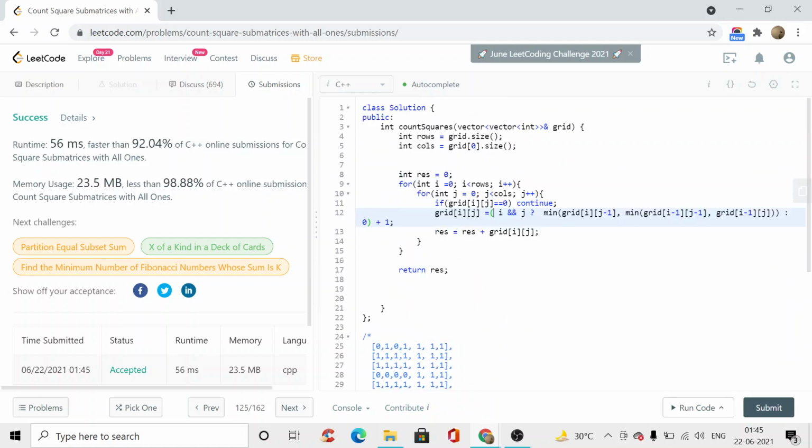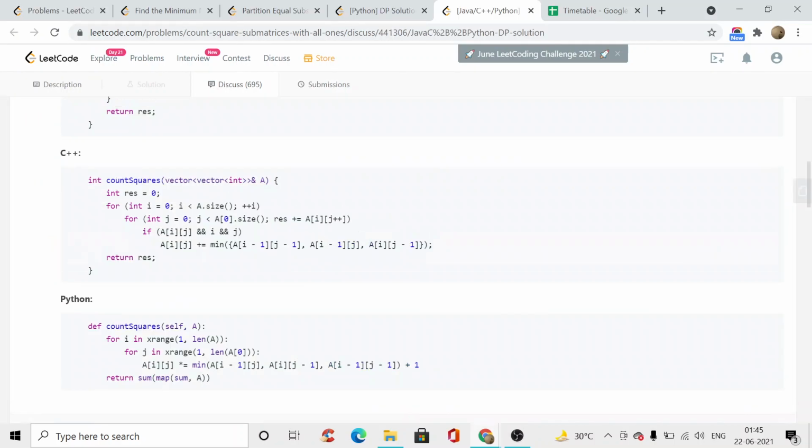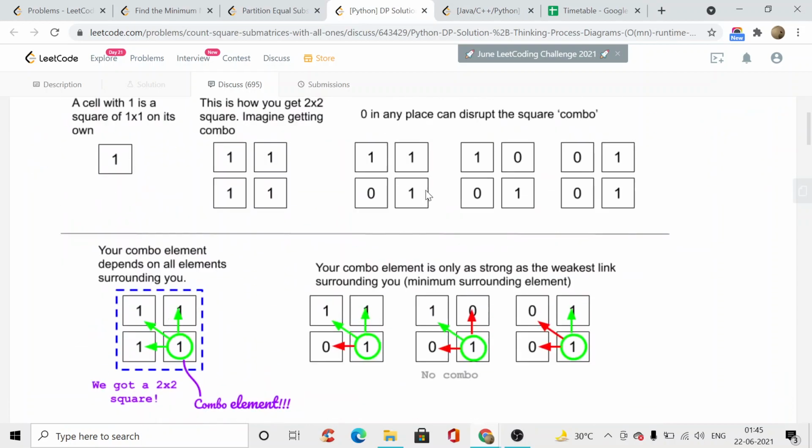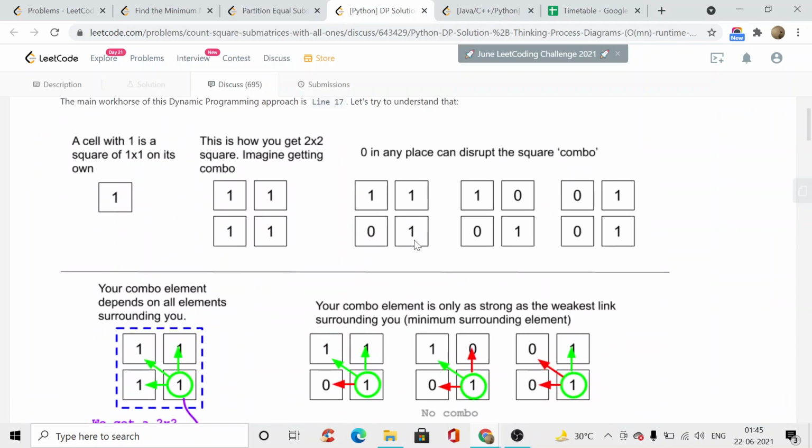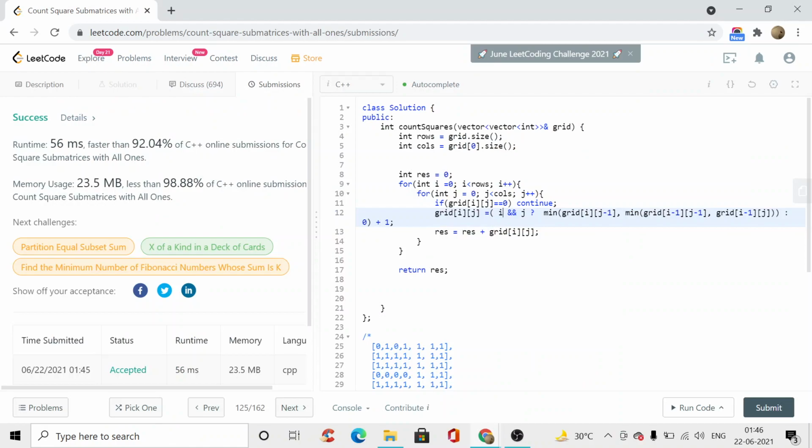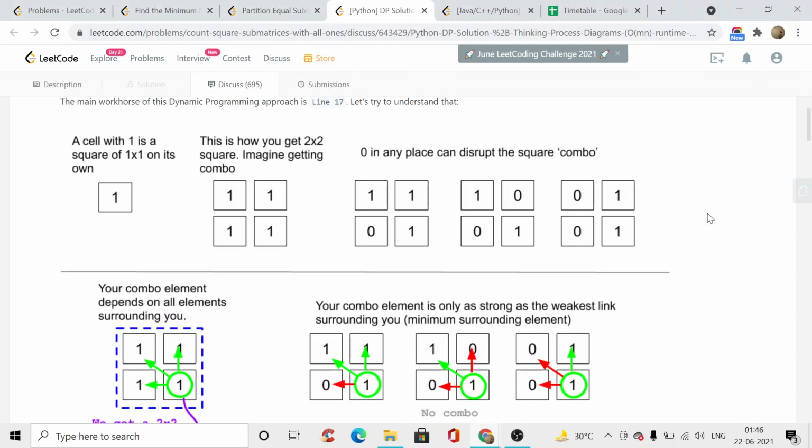So basically I'm just checking, as mentioned in this, if we have these values i and j, it's just that if i is 1 and j is also more than or equal to 1, then we can get this minimum. But you might be thinking, what if I don't have this 1 0 and I just have this thing? In that case we cannot make a square, right? So we don't care about this j minus 1.